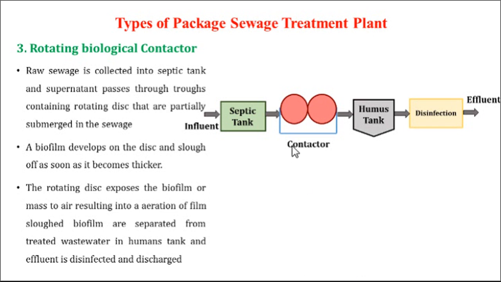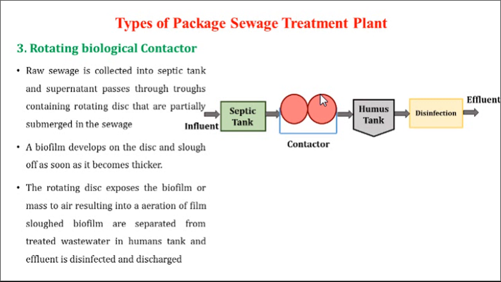Here this is the RBC tank, and these are the discs or drums, which are partially submerged in the septic tank effluent, and these drums are rotating like this. So some portion comes in contact with the sewage and some portion comes in contact with atmospheric air, so that aeration of the effluent takes place.